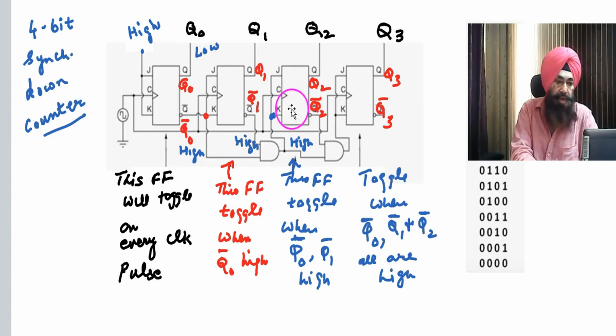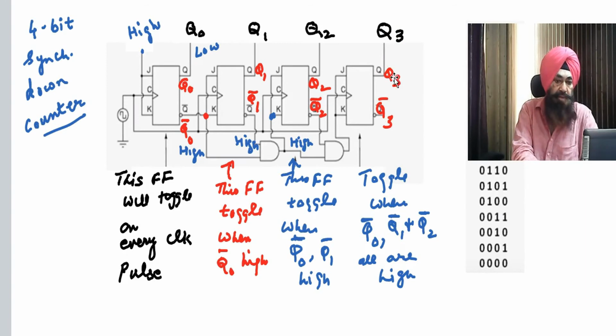Now the output of this is given to the next AND gate. If Q2 is low, Q2 complement will be high, and if this is high, meaning Q1 low and Q0 low, then this will toggle because Q0 is low and Q2 complement is high. Again you get the same output here, the last one.